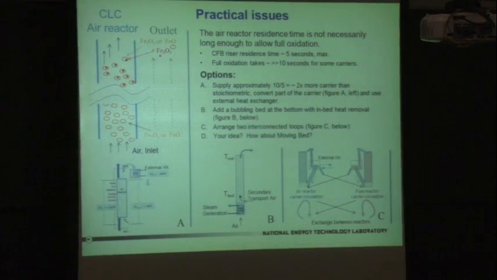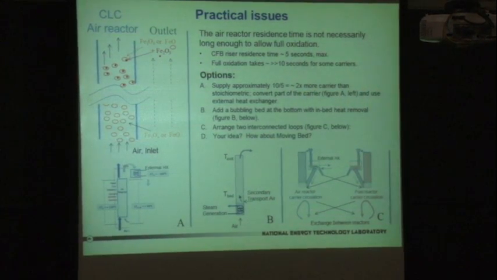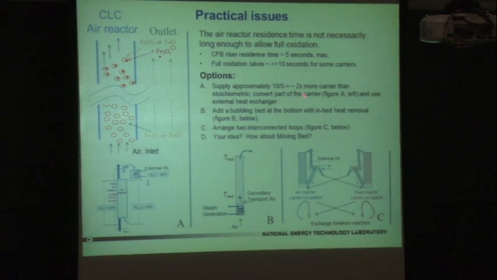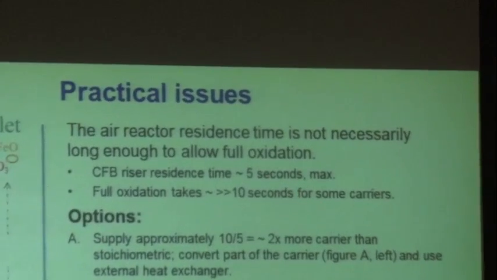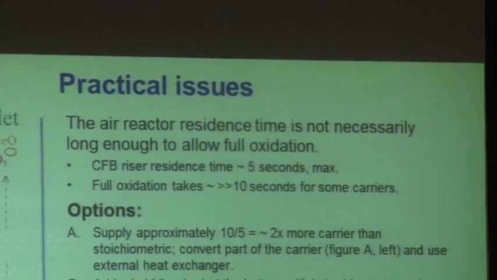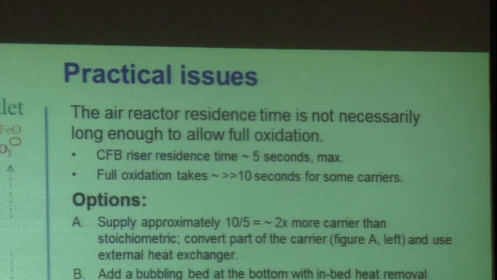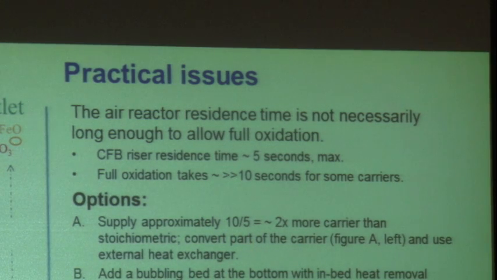Go to this next slide. So this is the practical issue. In a chemical looping system, for some of these reactions, the time that it takes for full oxidation is a lot greater than 10 seconds. A CFB riser is 5 seconds, and that's on like a 40-meter tall system. So right away I'm starting to see, well, that means if my carrier takes a lot longer than that, I actually need a lot more, remember I talked about active density, to get to the conversion rates that I need.